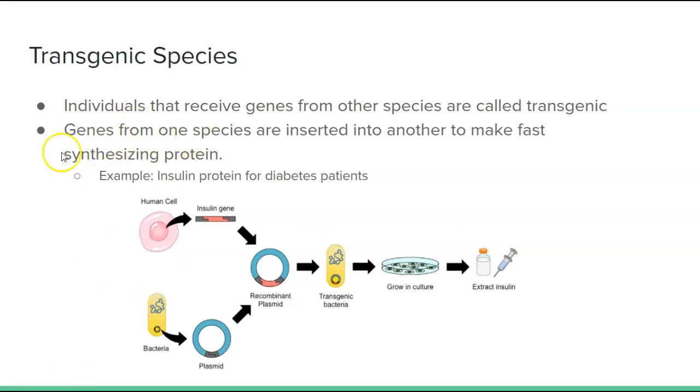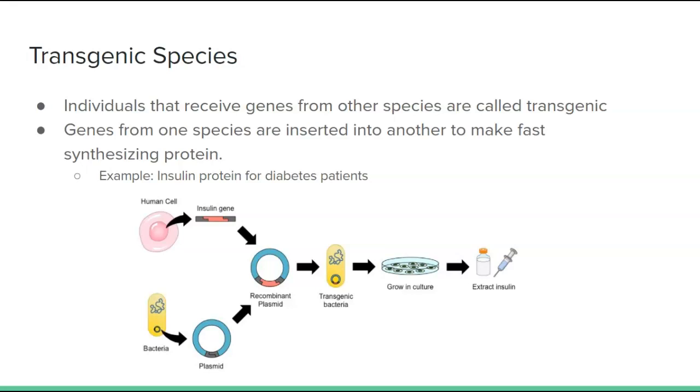So transgenic means different set of genes. Genes from one species are inserted into another to make fast synthesizing proteins. DNA produces proteins. It goes through a few steps, which we'll talk about in the upcoming video notes. DNA goes through a few steps and produces proteins, and those proteins are what make you. It gives you all of your general characteristics.